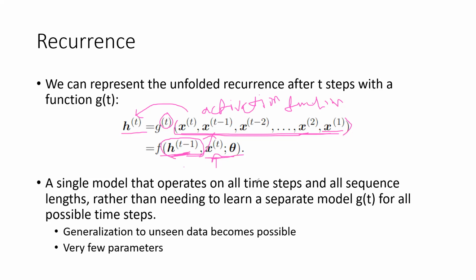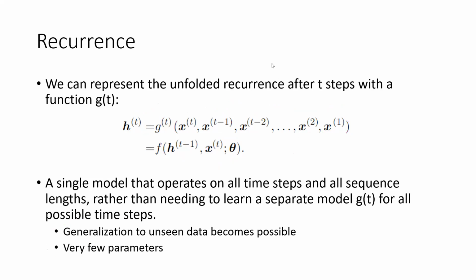So single model that operates on all the time steps, and all the sequence lengths, rather than needing to learn a separate model GT for all possible time steps. That is not going to happen. मैंने आपको बता दिया था कि we can't learn a different weight and bias matrix for each other. We have to learn the same one. So generalization हो सकता है, the parameters बहुत कम हो जाते हैं. सही है. So I think this concept is now pretty clear.